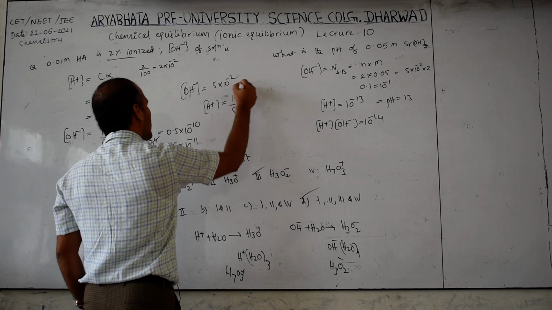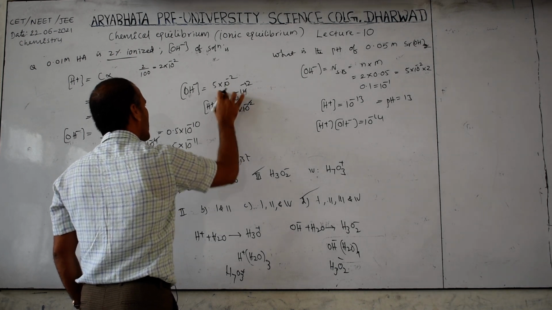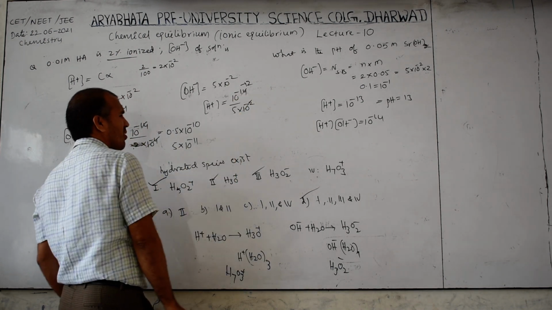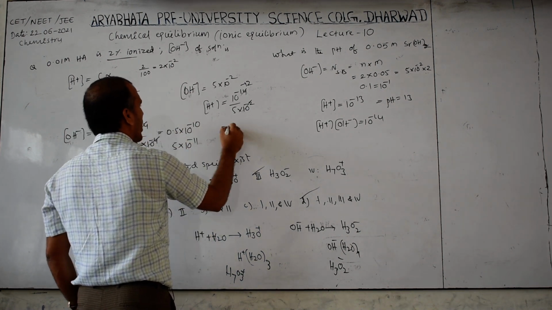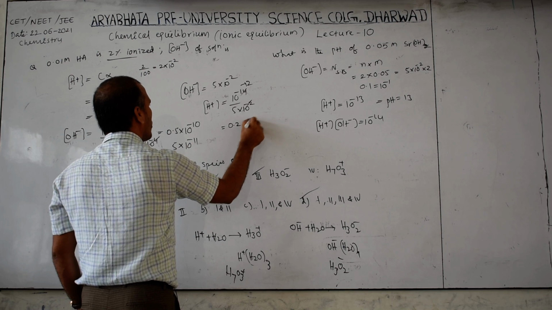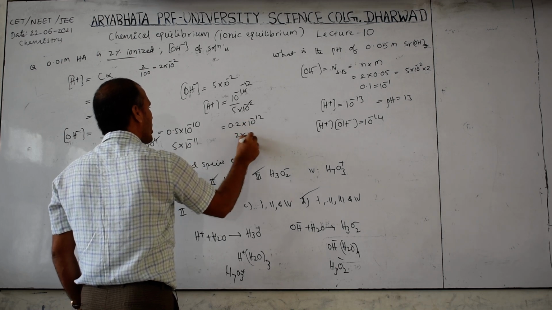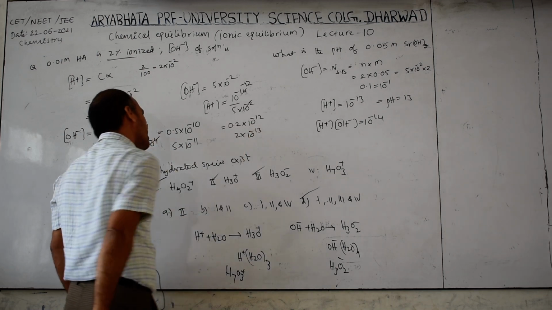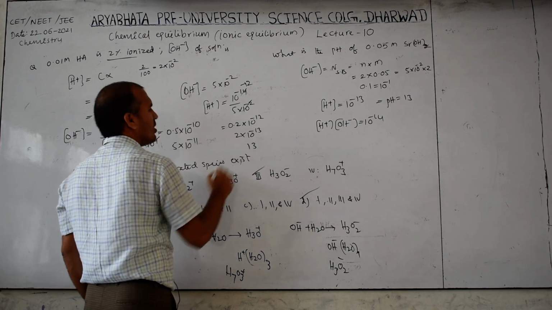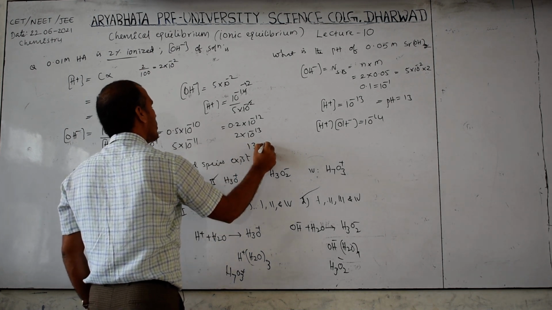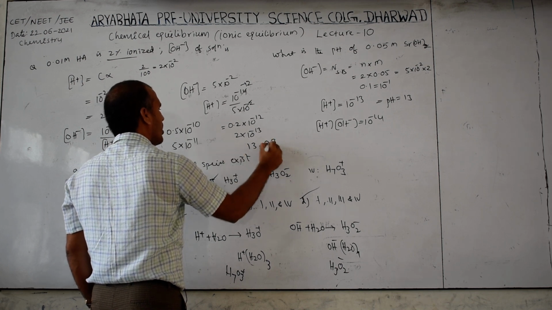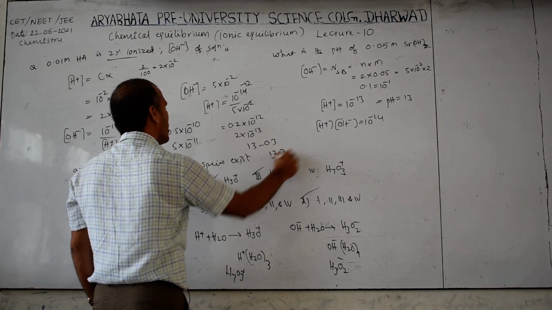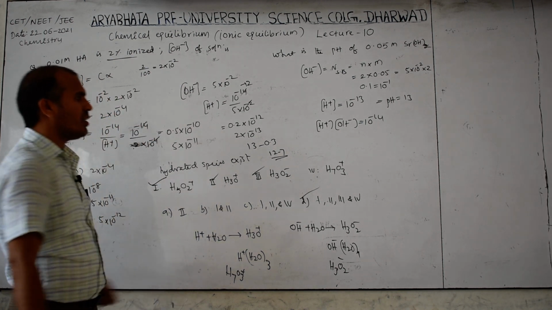This cancels to 10 power minus 12, and this 1 by 5 means 0.2 into 10 power minus 12, 2 into 10 power minus 13. Then 13 minus 0.3, since log 2 value is 0.3, gives 12.7. Like this option also they may give.